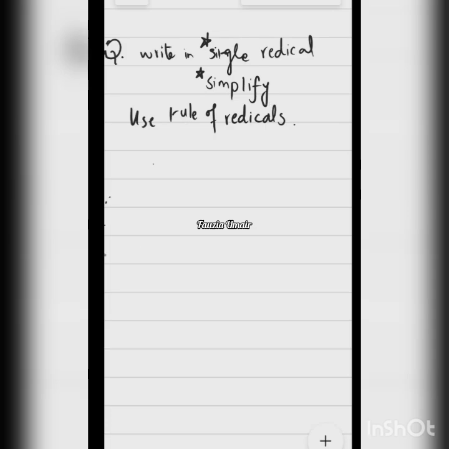All right, so now just look at this. First question is cube root of 3 multiplied by cube root of 6. So which law can we use? Product or quotient? Product.